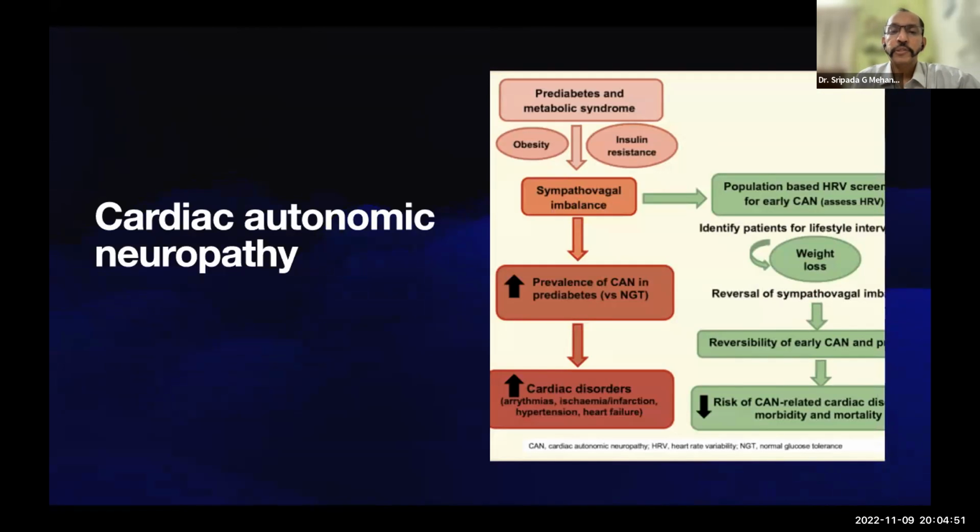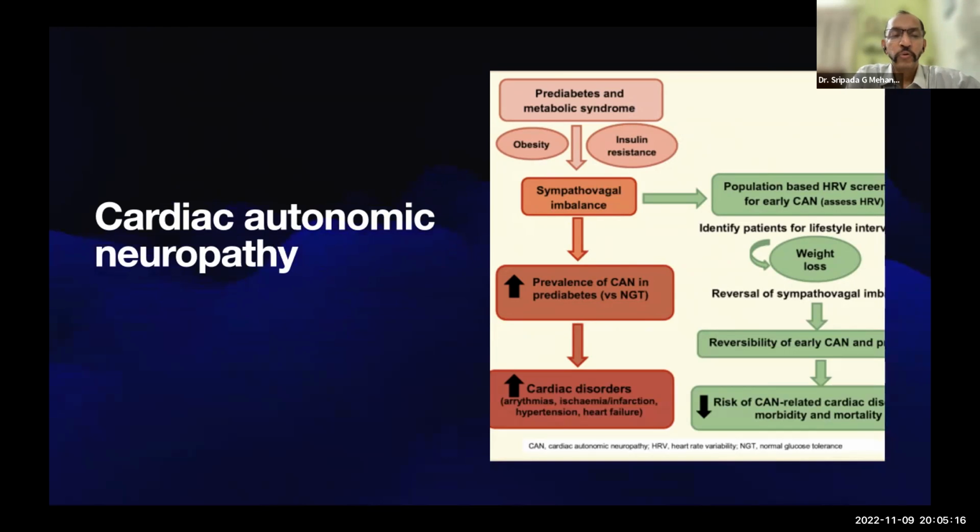In the cardiac system, what happens? The cardiac system is balanced by two things. One is the sympathetic system, the other is the parasympathetic system. When there is imbalance between these two systems in the autonomic part of the body, the response to stimulus from outside is not graded, or it may be unpredictable.